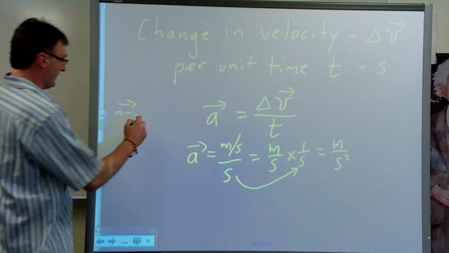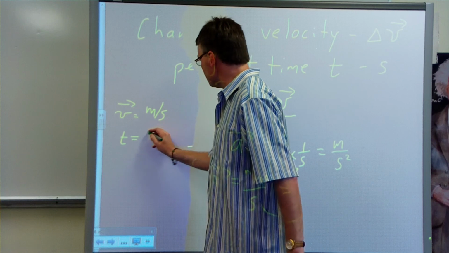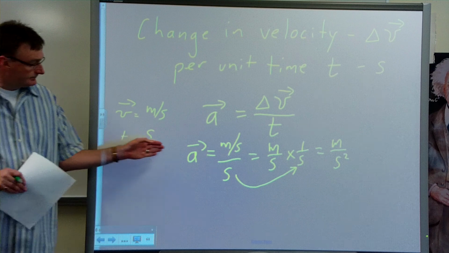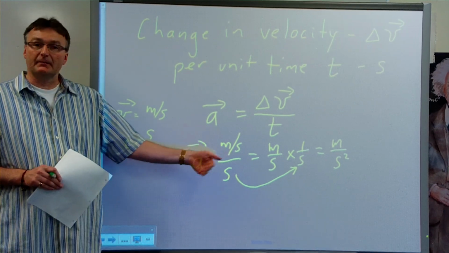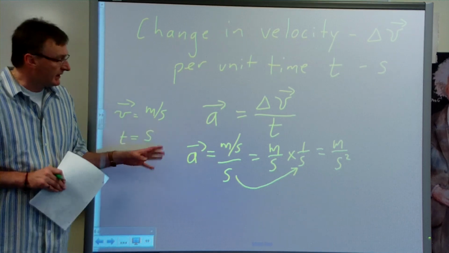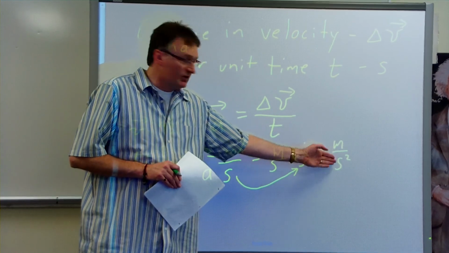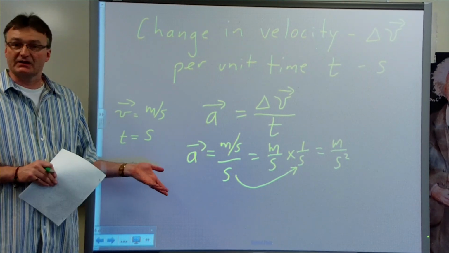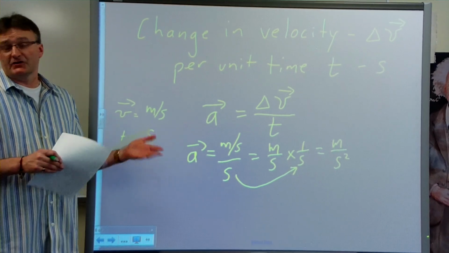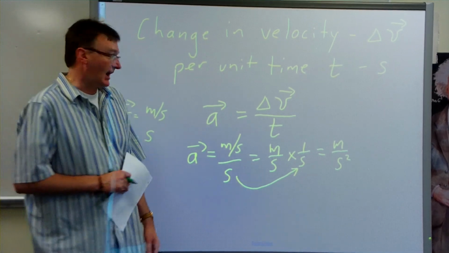Oh, and I wrote this over here because units of velocity are meters per second, and time is in seconds. If you look at it this way, then you can see where the units come from, and hopefully they're not such a mystery for you, and hopefully I can save you a little bit of time in just understanding where the units for acceleration actually come from. It's really not that difficult. It just took me a little bit longer to grasp the concept, but hopefully I can save you a little bit of time in that regard.